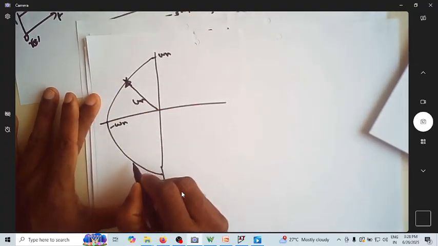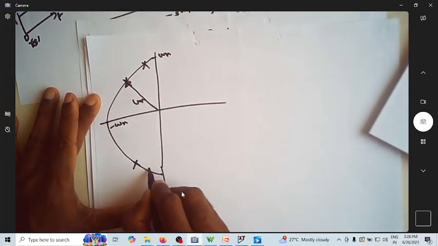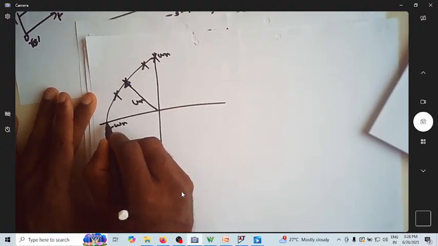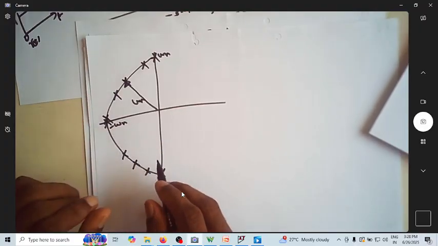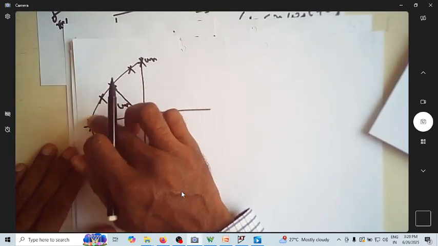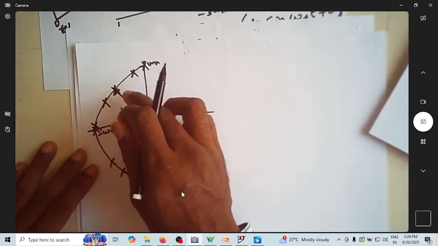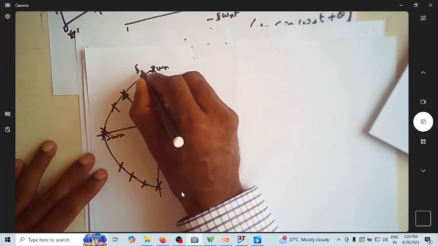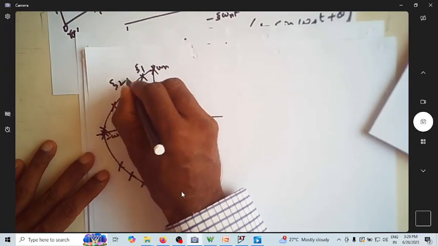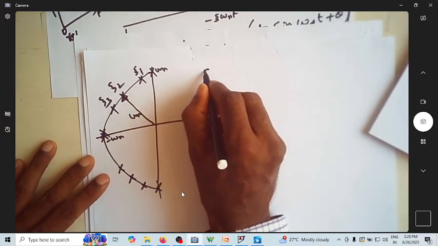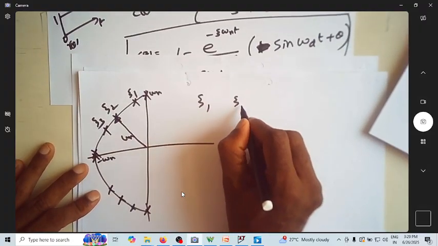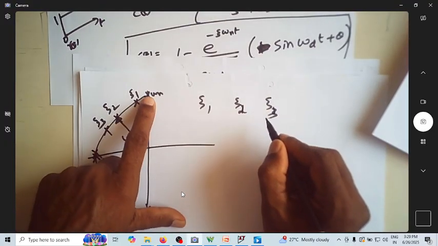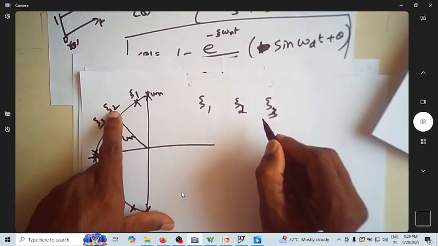The poles can be here, here, here, here, and here. These are the possible closed loop pole positions for the different values of damping factor zeta 1, zeta 2, zeta 3.